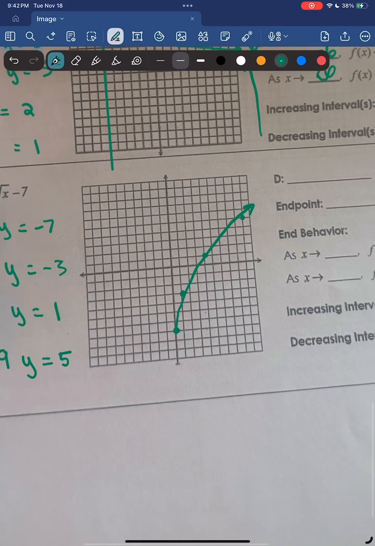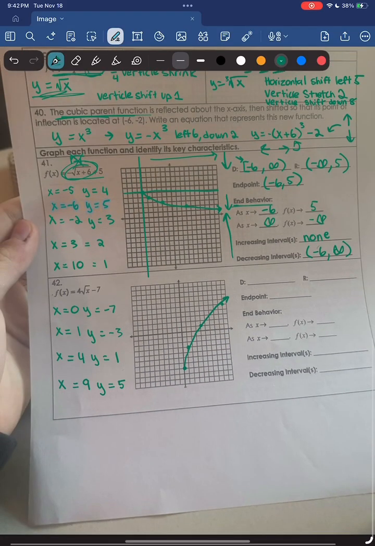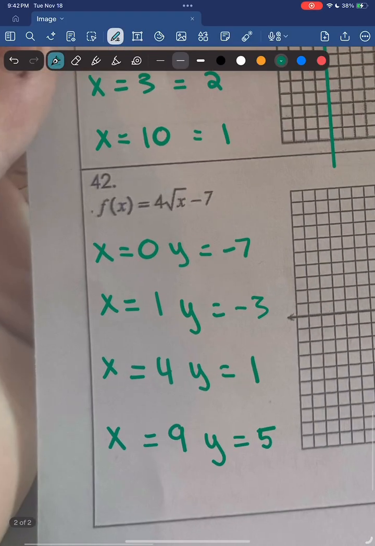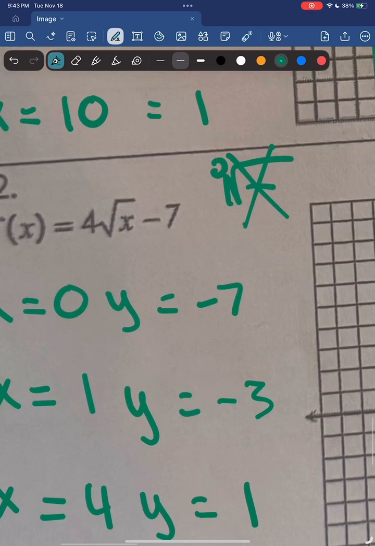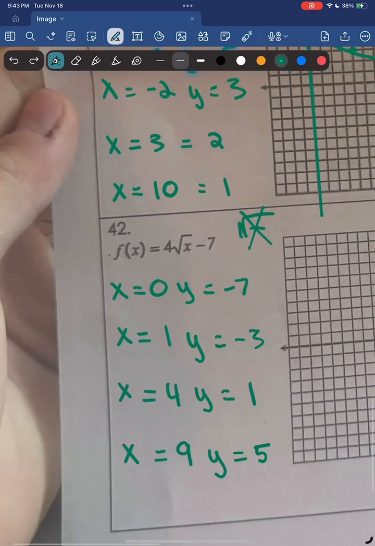So this brings us back to the part where you cannot have a negative number in a root function. This only applies to the square root as well. So if you have a cube root like that, you can have negative numbers. That does work.